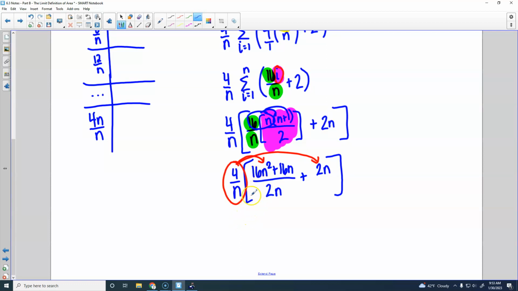But if I distribute, 4 times 16 is going to be 64, so I'll have 64n squared plus 64n over 2n squared plus 8n over n, because that 2n is over 1 there.